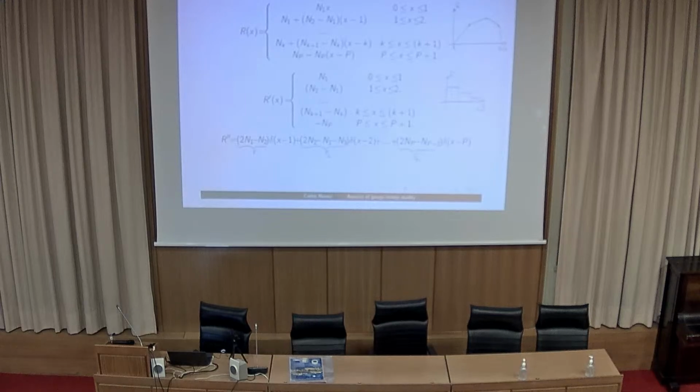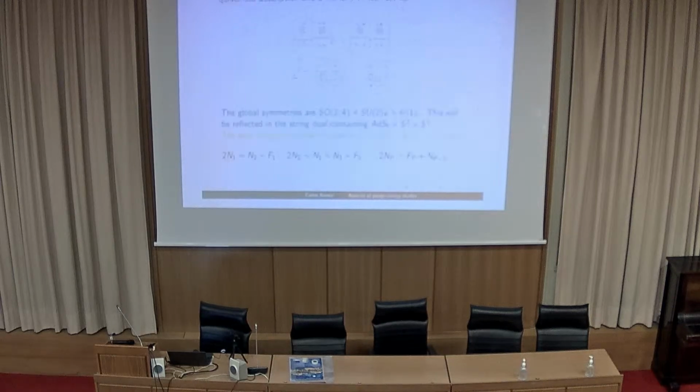The problem there is that the flavor groups are completely smeared, so you lose this picture of I have this color group and I have this flavor group. That's the price you pay in that case.